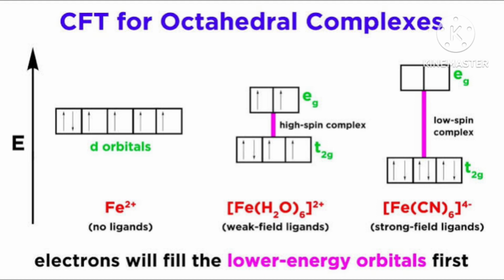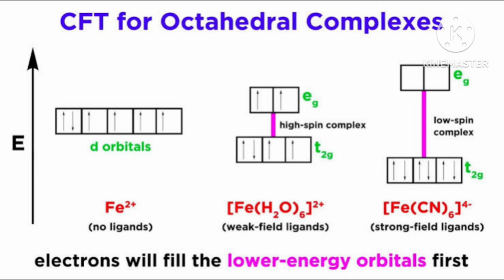Now suppose in the beginning there were 5 orbitals having almost the same energy, correct? Degenerate, or degeneracy: almost the same energy, 5 d orbitals. Now when ligands come near the metal ion, a splitting will occur. These five orbitals will have more energy.